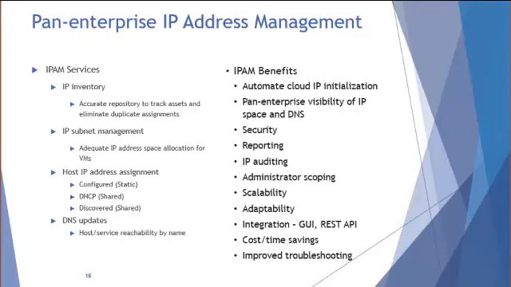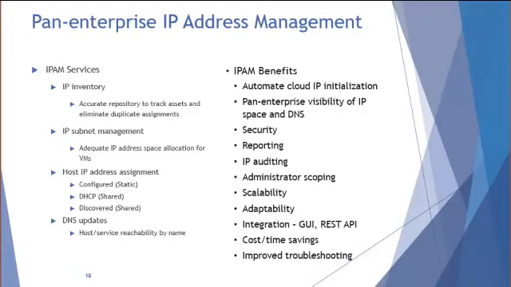And that also saves on cost and certainly time. And then the improved troubleshooting we mentioned in terms of having that inventory, that repository available, especially in a time of troubleshooting when you may not have access to it from the end device you're trying to troubleshoot. So if we look at the BT Diamond IP solutions in this regard, I mean, certainly we have the private and public cloud integration, IPAM integration capabilities.